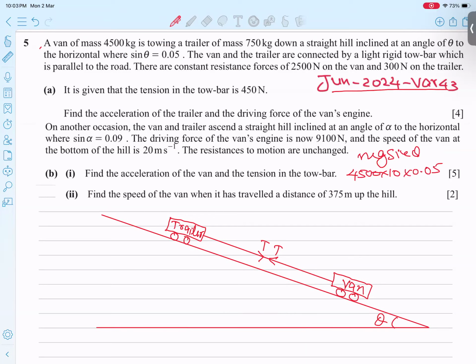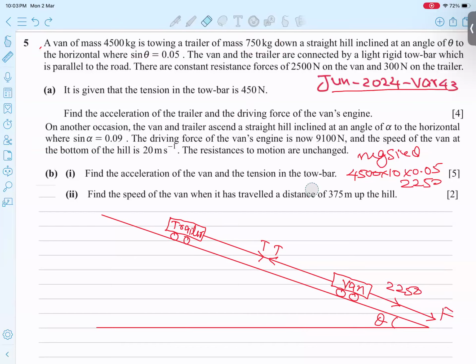If I check it, 4500 times 0.05 turns out to be 2250. This weight component is acting downwards. But one more thing, the engine is working and the force applied is the driving force, and this is the weight component, which is 2250.